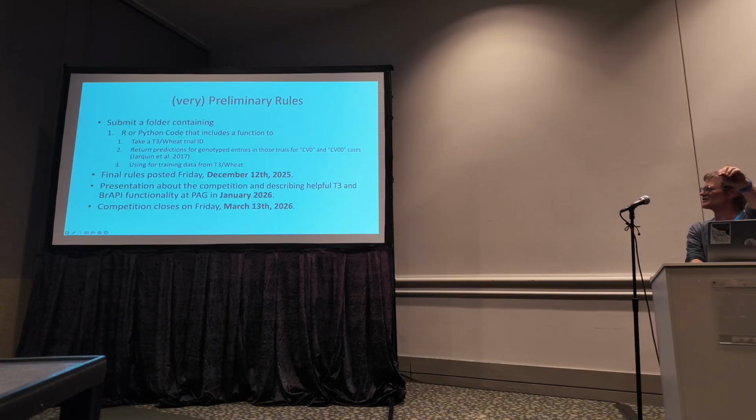You'd give that function a wheat trial ID. It would return predictions for the genotyped entries of that trial in the CV0 or CV00 case. I'm happy to tell you what that means at some other point if you don't know. Then it would have to use data from T3 as training data.